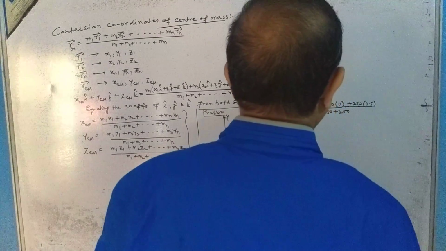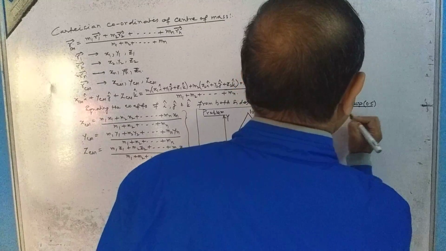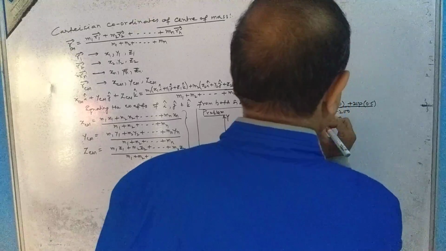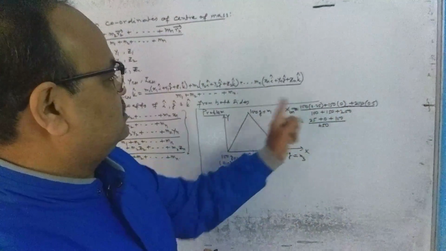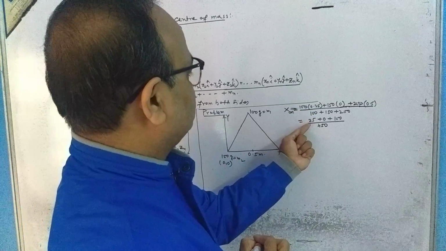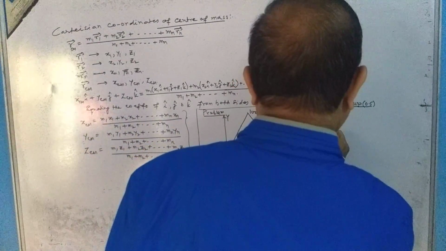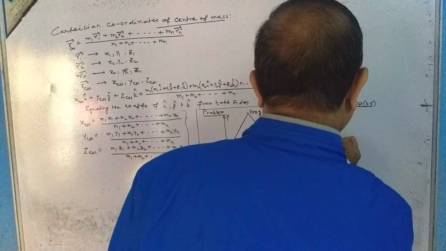How much am I getting? I am getting 25 plus 0 plus 100, divided by 450. Just check it. It is 25 plus 0 plus this. Yes. Then how much are you getting? You are getting 125 by 450.